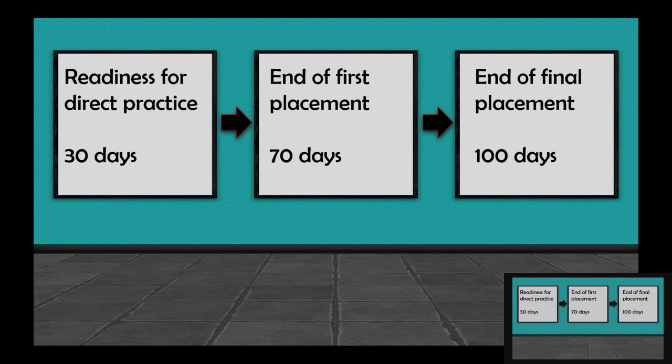So these levels relate to that professional capability framework. There are 3 levels that will be assessed against throughout the course. The first level is readiness for direct practice, and that's the level that I'm going to be working with you on in this module. So the PebblePad portfolio is that.